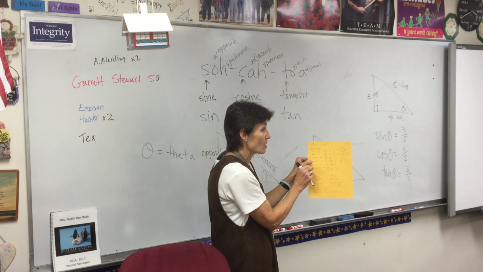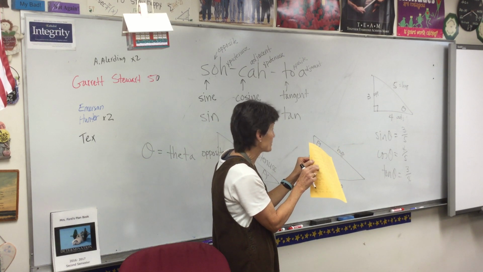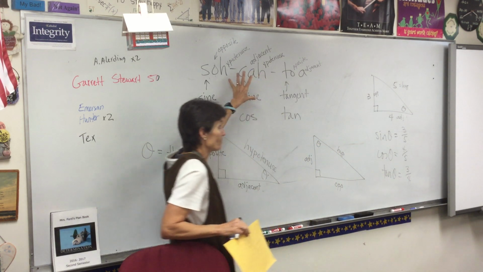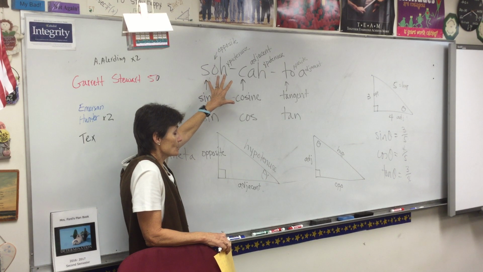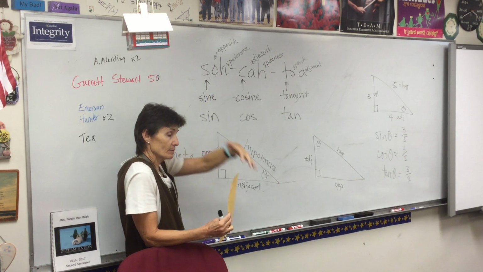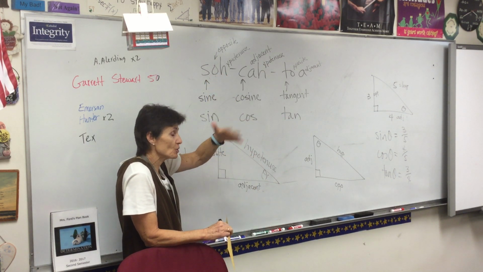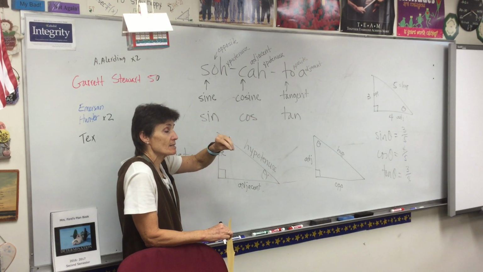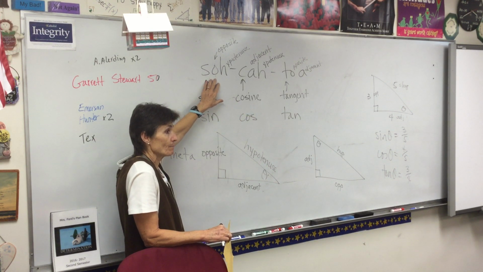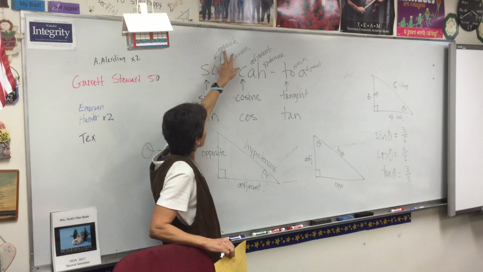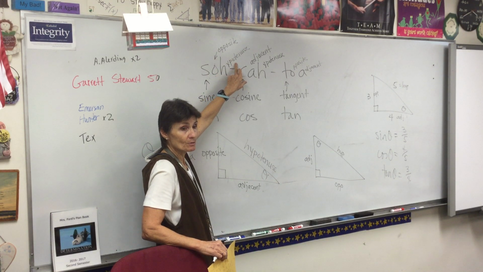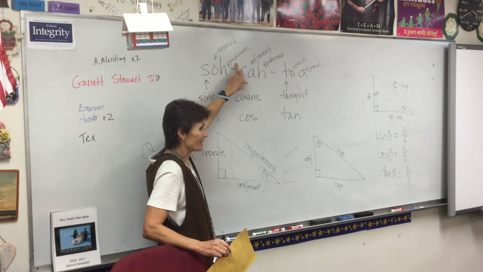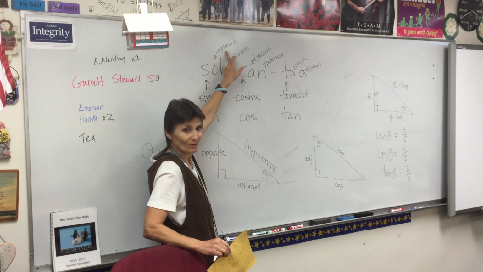Those functions are the reciprocals of these. So cosecant, on your sheet, you can see this, I don't expect you to know it right now. Cosecant is the reciprocal of the sine. So if the sine is opposite over hypotenuse, what will cosecant be? Hypotenuse over opposite.